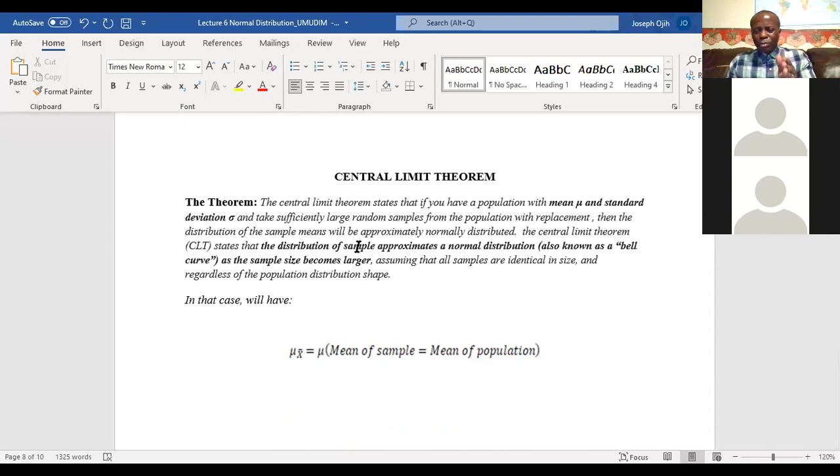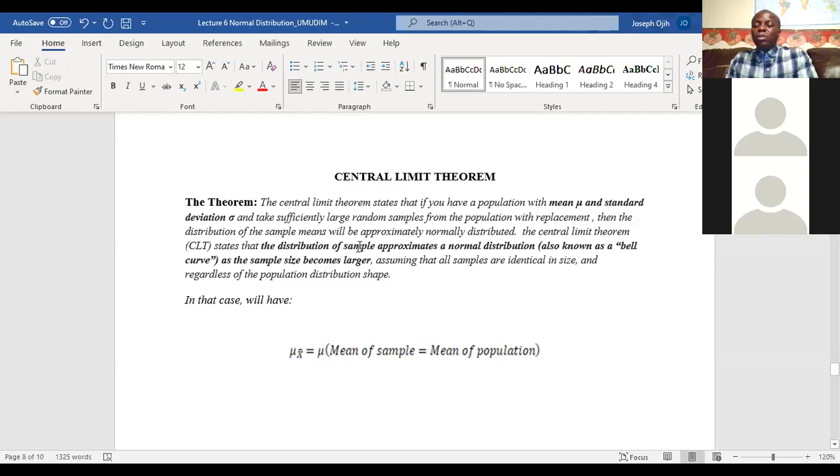According to the central limit theorem, if you have a population with mean mu and standard deviation delta, and you take a sufficiently large random sample from the population with replacement, then the distribution of sample means will approximately approach a normal distribution, so long as the sample size is large enough.